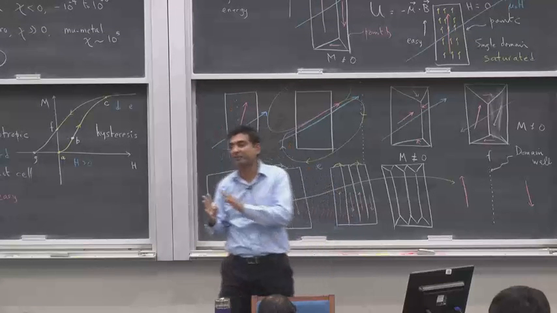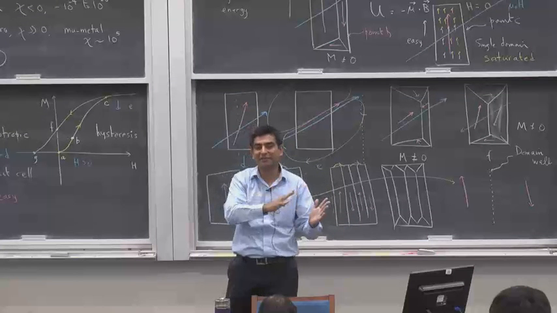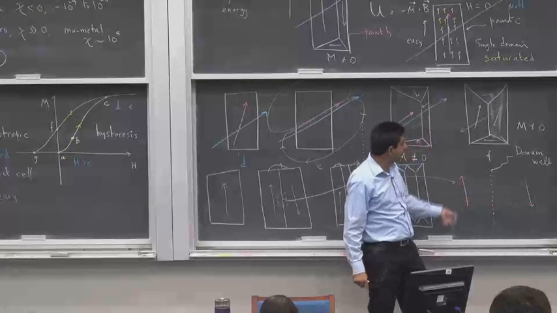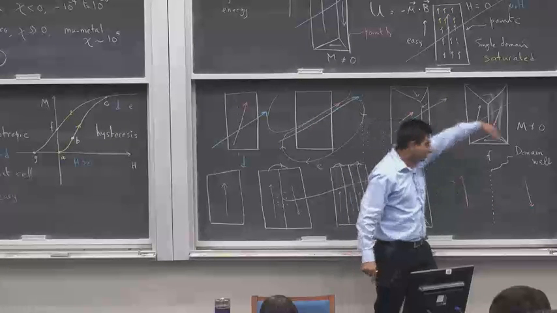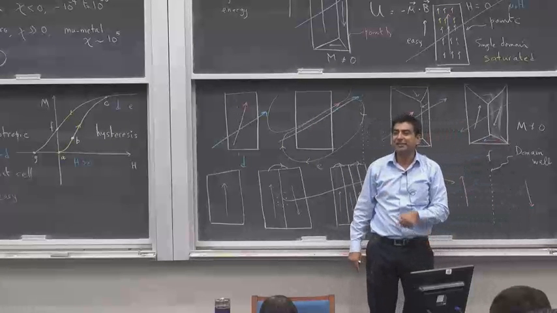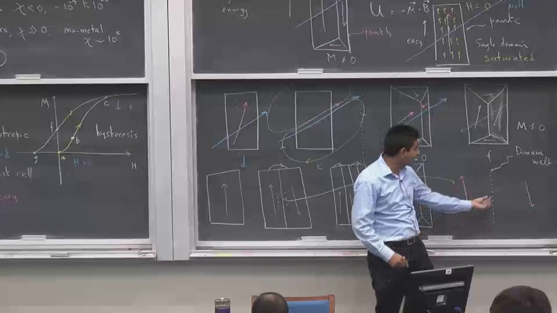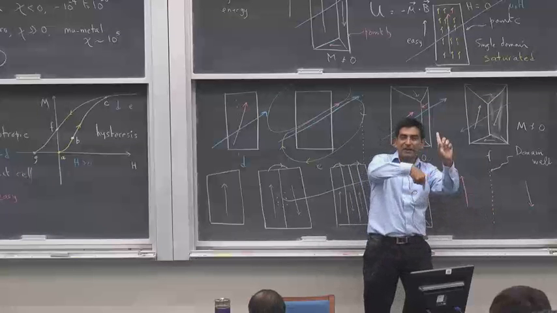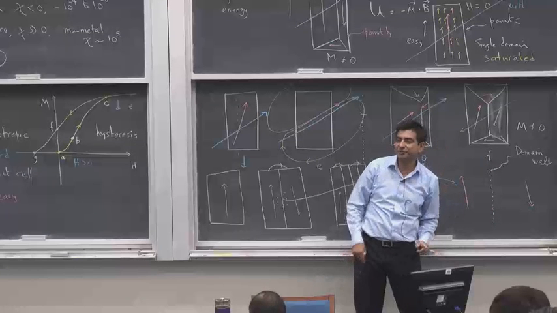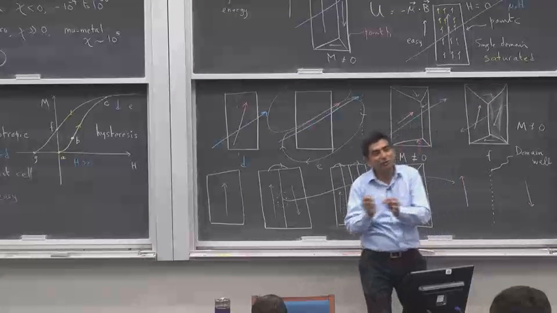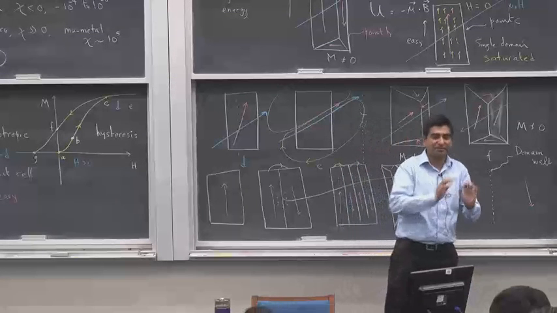Because for iron atoms you would like to keep the spins parallel to one another. So this transition has to be smooth. We are making a transition from up magnetization to down magnetization. This transition has to be smooth because otherwise the energy will be really large at this interface, because then you have oppositely pointing magnetization, oppositely pointing spins. That's not allowed. You would like to have iron atoms all pointing in the same direction.